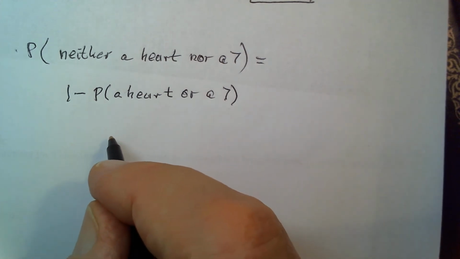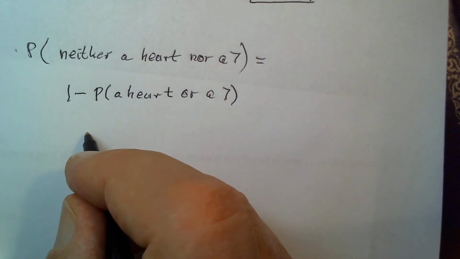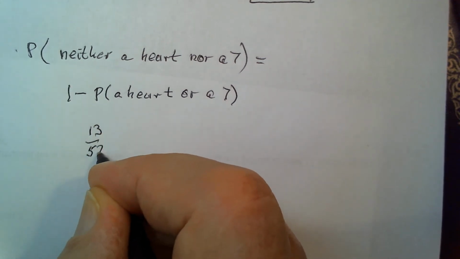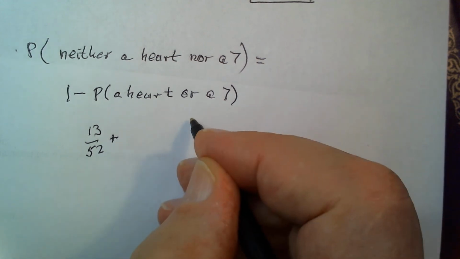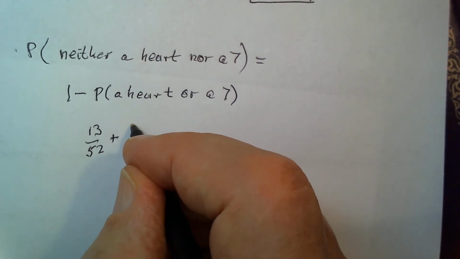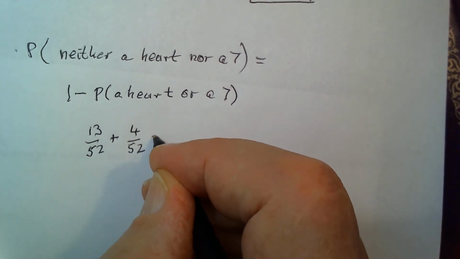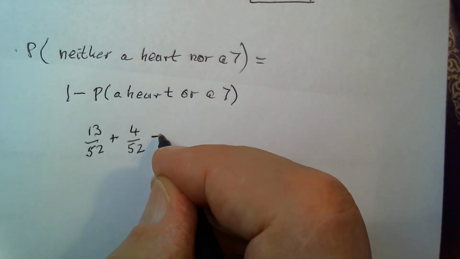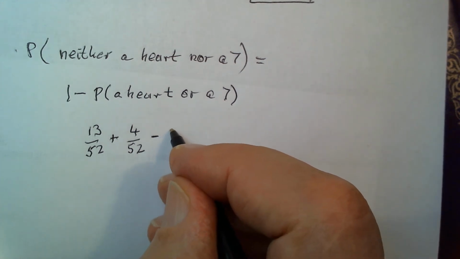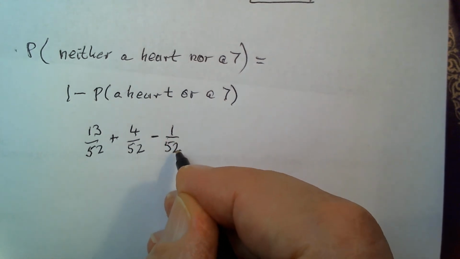What is the probability of selecting a heart? Well, there are 13 heart cards out of 52. And there are 4 cards that are 7s, 4 out of 52. But remember now we need to subtract the overlap between the hearts and the 7s. And there's 1 card, the 7 of hearts, so we need to subtract that.